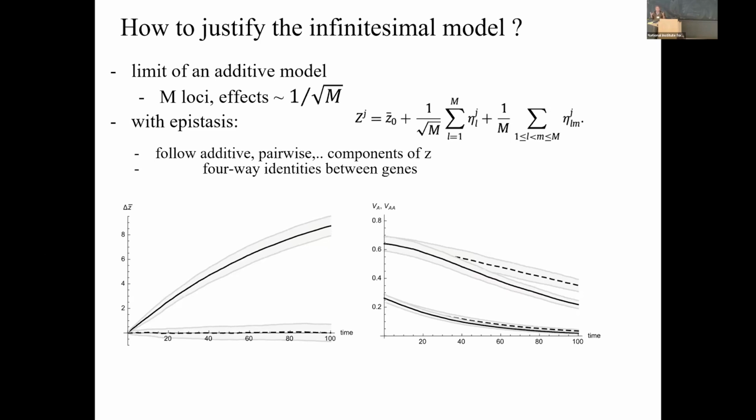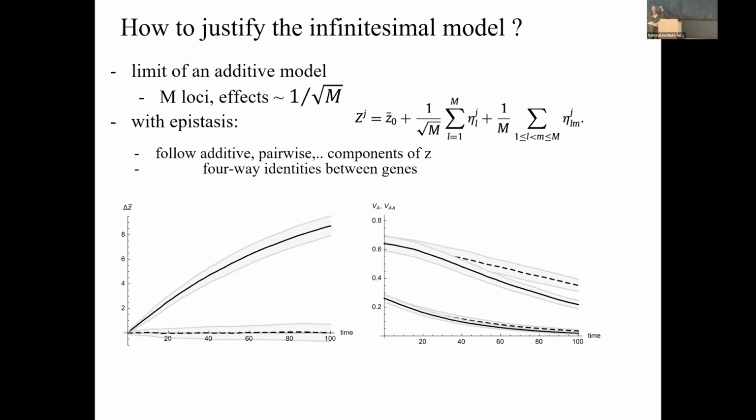And in fact, the traditional classical quantitative genetic theory already told us how to follow the changes in additive and non-additive variance components under varying degrees of inbreeding. We have to grapple, which is rather painful, with four-way identities between genes. We don't just say what's the chance that this gene and this gene are identical by descent.